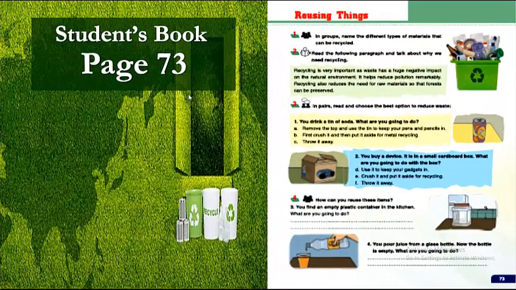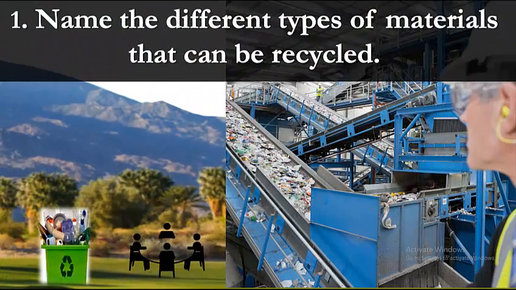Now, my dear students, let's turn to our students book, page 73, and discuss our lesson today. Number 1, the first exercise. Name the different types of materials that can be recycled.